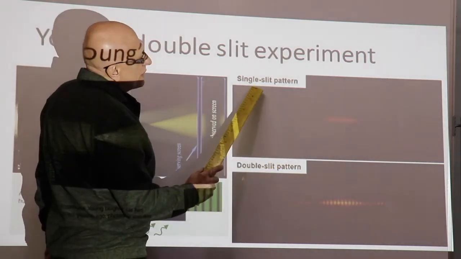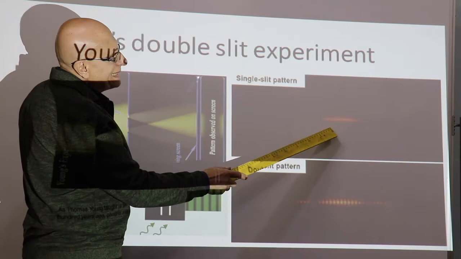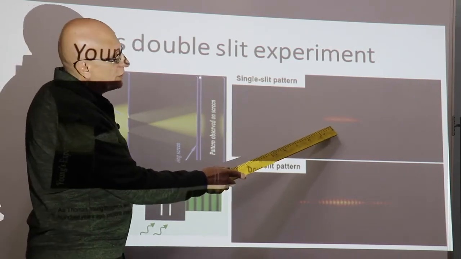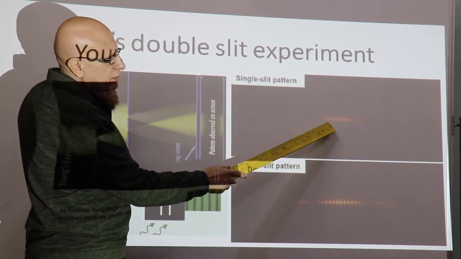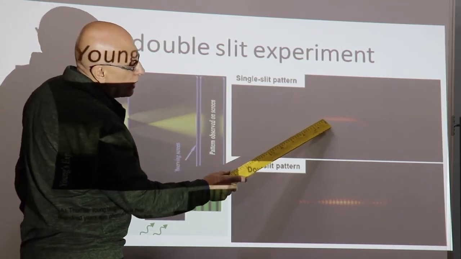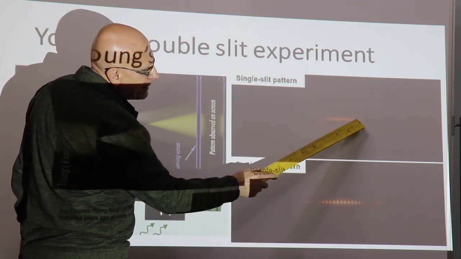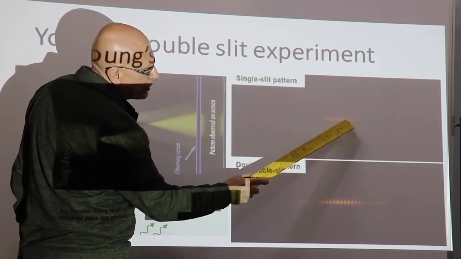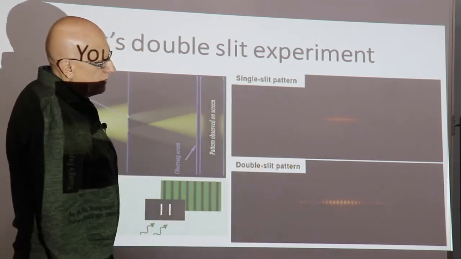This is what we have for the single slit pattern. You obtain a single slit diffraction pattern. That is, when you have 1 slit, as we did in the previous lesson, you obtain a large central bright fringe which has double the width of the lateral fringes.